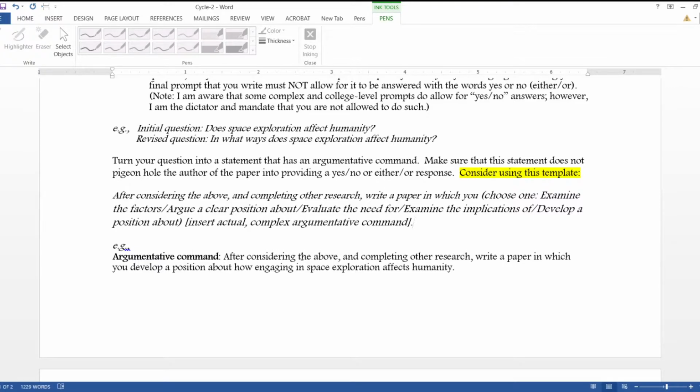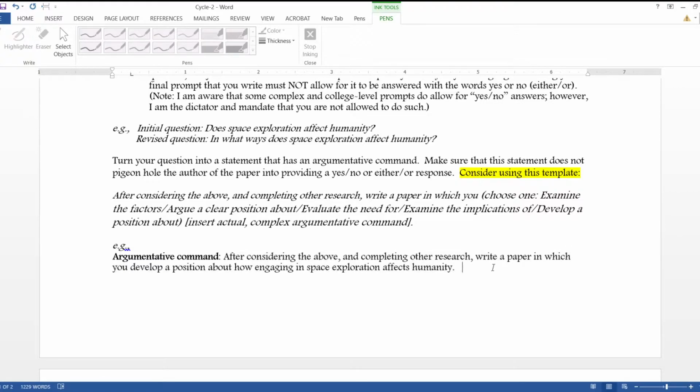After considering the above and completing other research, write a paper in which you develop a position about, and you'll notice that I have that language right here, develop a position about. So we have in which you develop a position about how engaging in space exploration affects humanity. That is the argumentative command for my prompt.